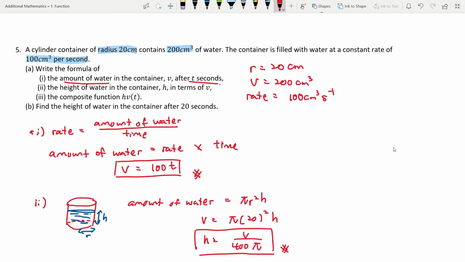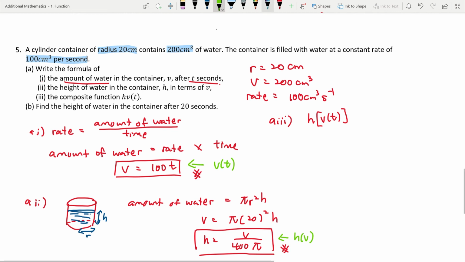A3. Write the formula of the composite function h(V(t)). The answer that we obtain from A1 is V of t, and the answer that we obtain from number 2 is h of V. Now we are going to find h(V(t)), meaning we are going to substitute V(t) into the h.